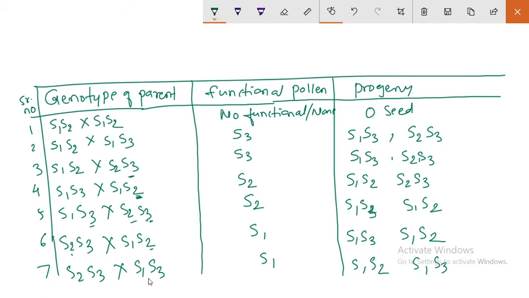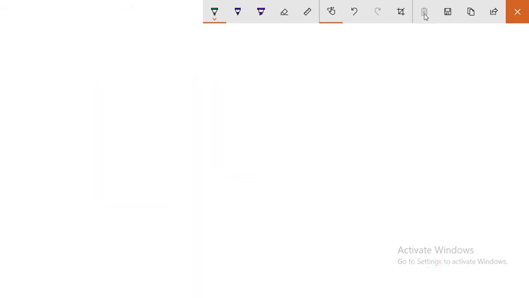One time this and one time this: S1 with S2, S1 with S3. So generally these combinations will produce only two progenies. So we will draw one figure.